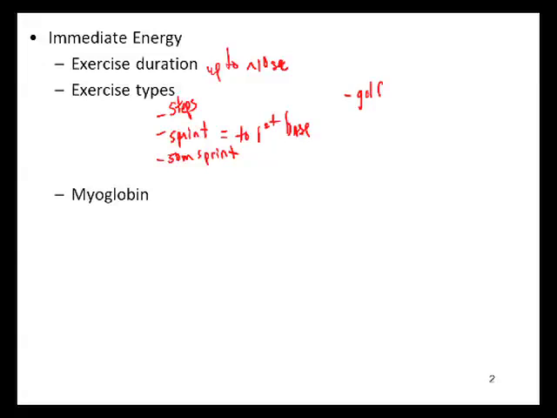Swinging a golf club or a bat. A tennis racket, although there is some endurance that you need for tennis as well. Bowling. Weightlifting. So we're talking upwards of 10 seconds, maybe less.